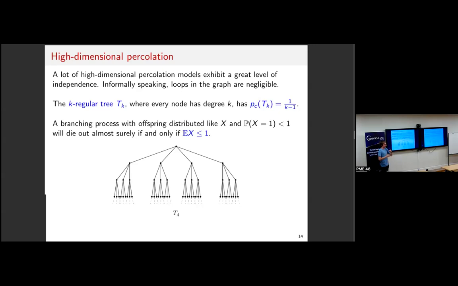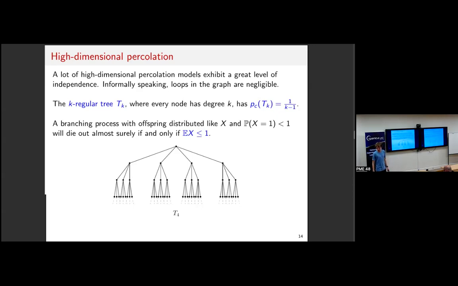So this is the threshold after which an infinite component can occur in a tree. The reason it's so easy to compute here is that the different connections are completely independent of one another, because there are no loops in the graph. And you have the same idea in a lot of high-dimensional percolation models.